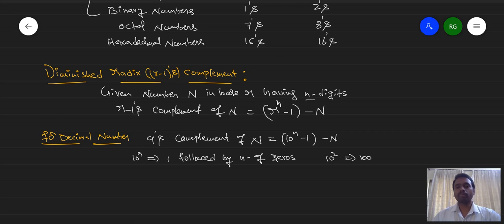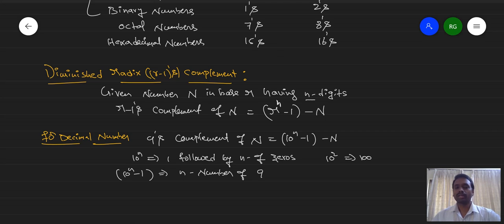So in a similar manner, this 10 power n minus 1 is nothing but small n number of nines, because 10 power n is 1 followed by n zeros. So if you subtract 1 from that, that gives you n number of nines.